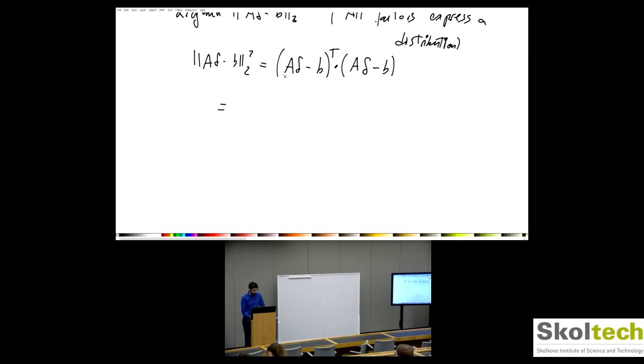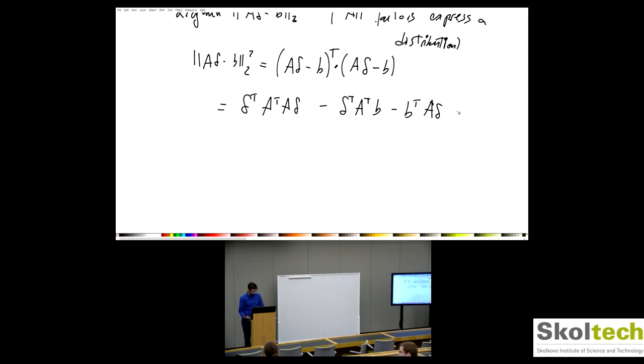We can expand each of these terms, so we are going to have something like this. This is for the deltas. The same goes for delta with B, and for B with delta.